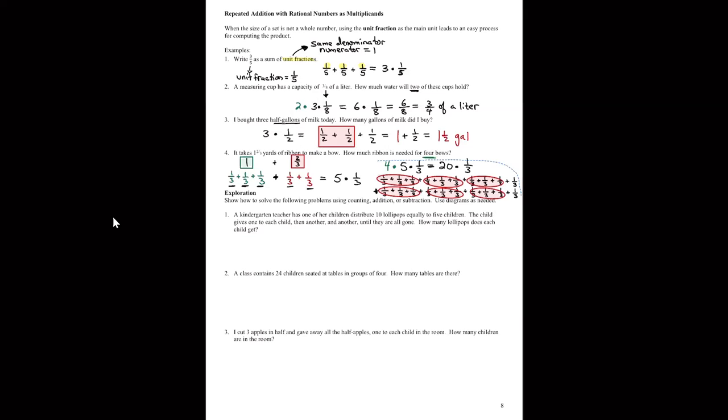So those straggler 1/3s can be combined. 1/3 plus 1/3 is 2/3. And so I have 6 whole number values and 2/3. And so that would be specifically in yards.